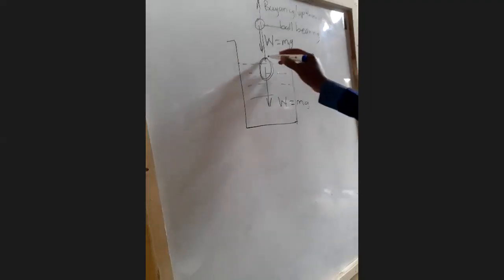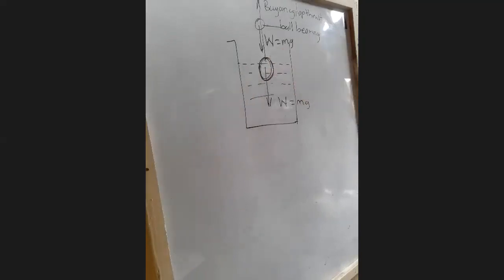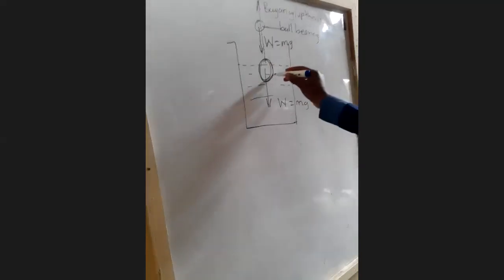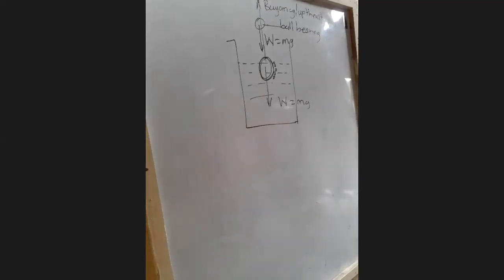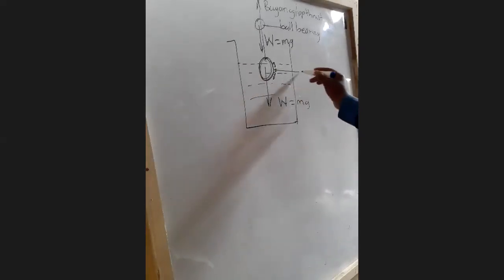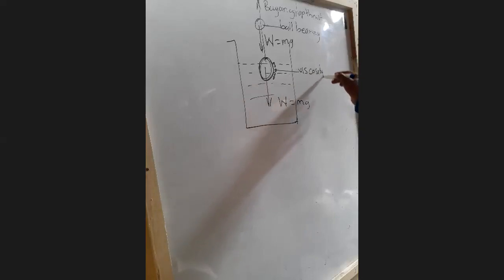Between the wall of the ball bearing, or any body that we have immersed, and the liquid molecules, there is going to be an opposing friction force. And because this is a liquid, we call it viscosity. So viscosity is a force because it is a friction in a liquid, and friction in a liquid is a force.